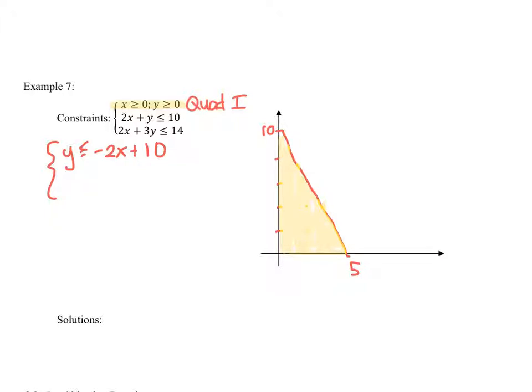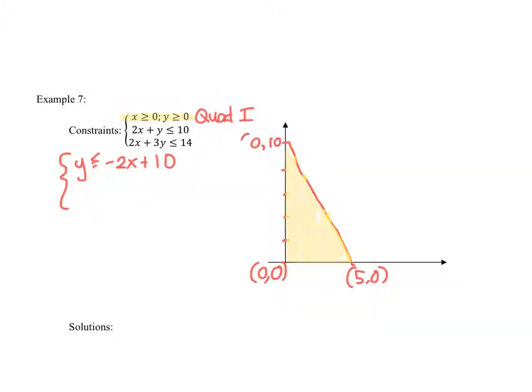So you actually have 3 corners. You've got a corner at 0, 0 technically. You have a corner at 5, 0. And then you have a corner at 0, 10. So we have 3 different corners for this region.